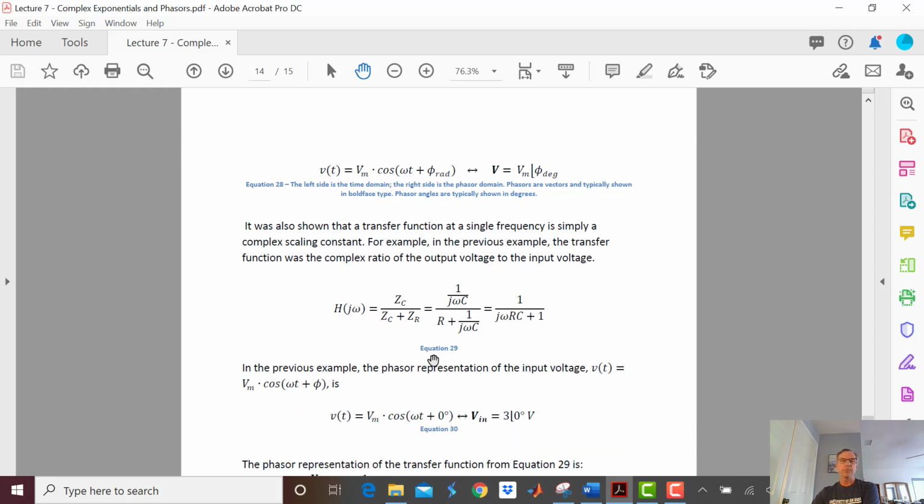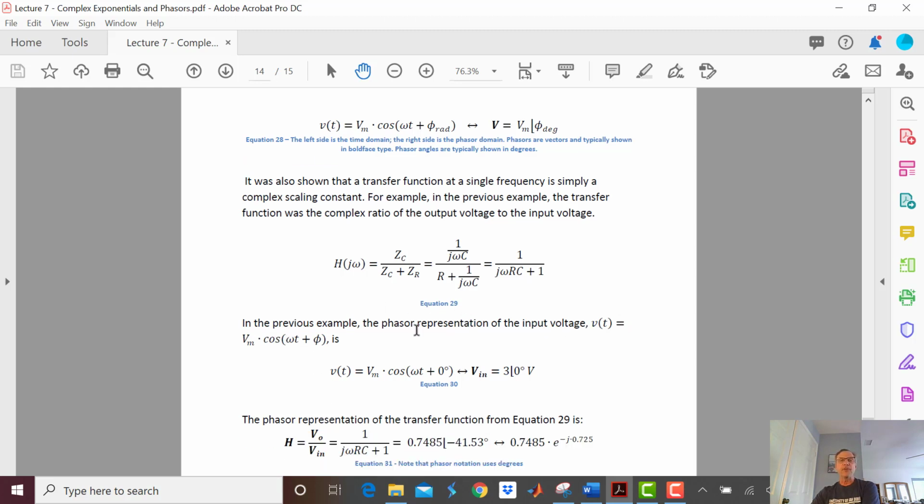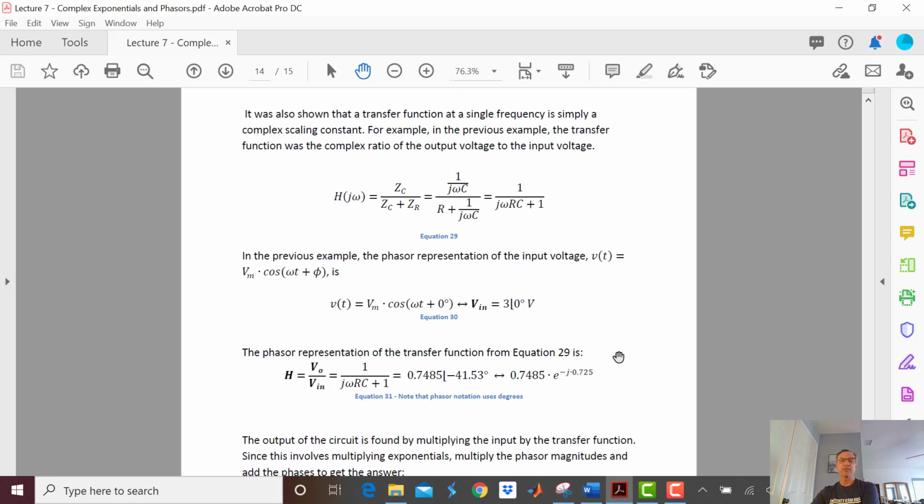In the previous example, the phasor representation of our input voltage is going to be just 3 volts at an angle of 0. And the phasor representation of the transfer function, V out over V in, is just its magnitude and its phase.